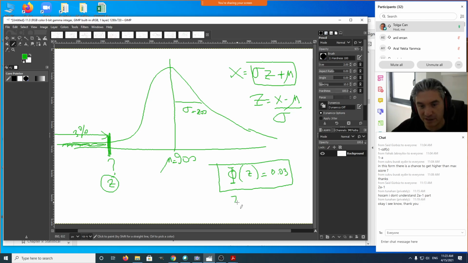Then this z is going to be negative something. It has to be negative, right? Okay, can you tell me, for example, let me ask you, what is z for 0.5?